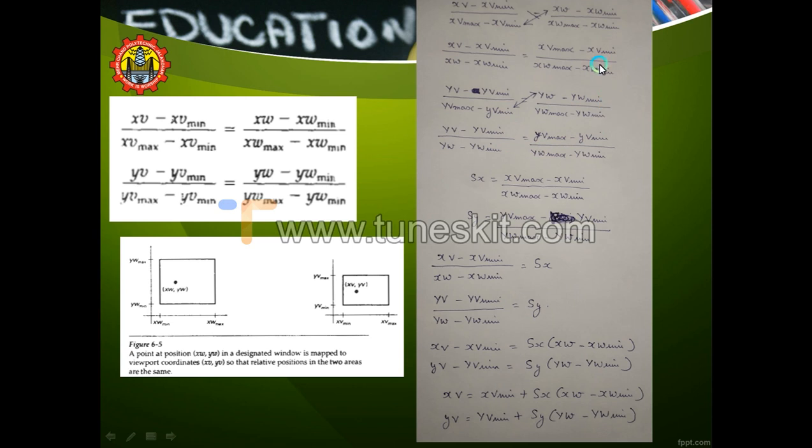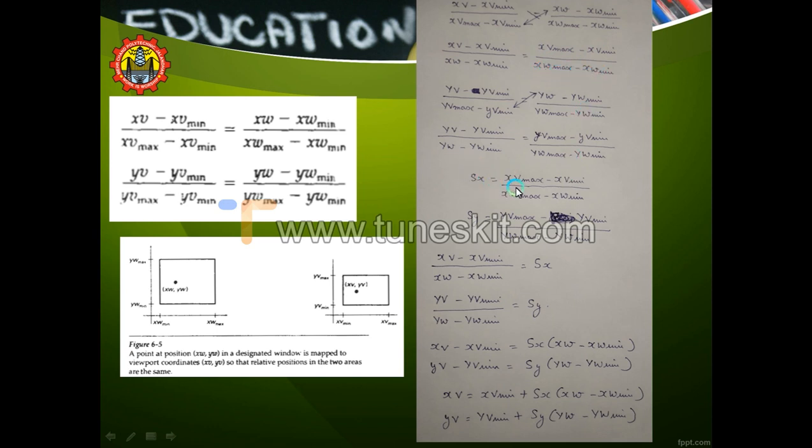Now, we already discussed that in the window to viewport transformation we perform scaling, so we need scaling factors. Sx in your topic is represented by xv max minus xv minimum over xw max minus xw minimum.